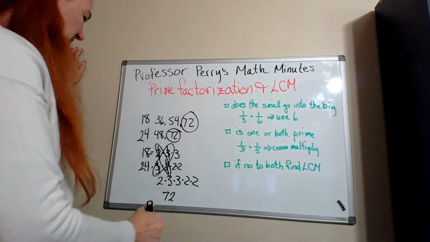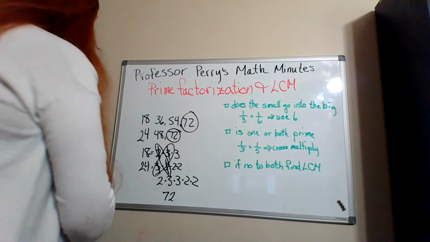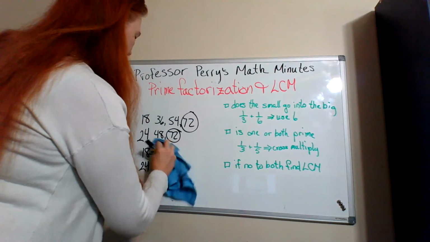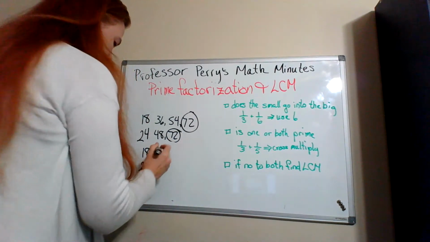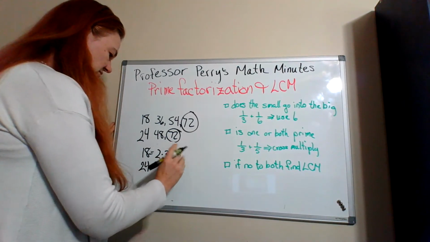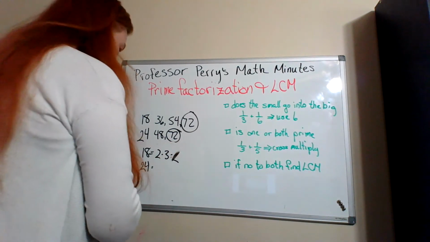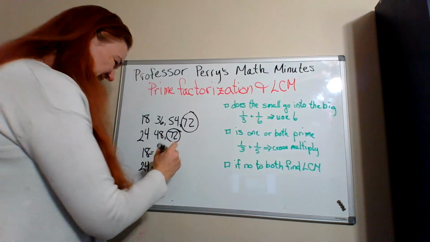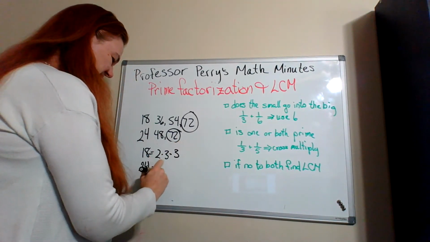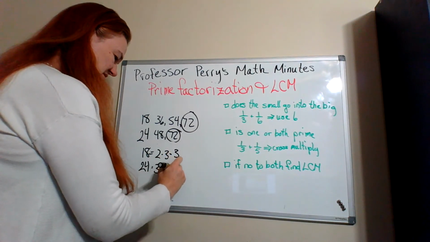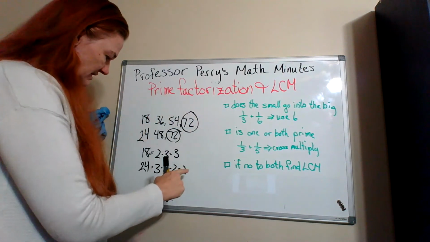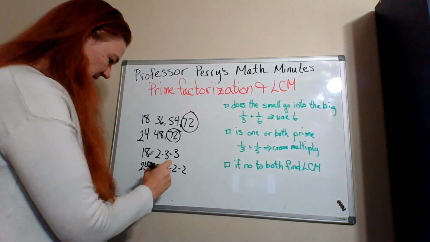I got there. Okay, so let me erase this and go again so you can see what I did. So 18 is 2 times 3 times 3. And 24 is 3 times 8, which is 2 times 2 times 2. This is why I was saying I like to write them in order earlier, because then you can line them up a little better.